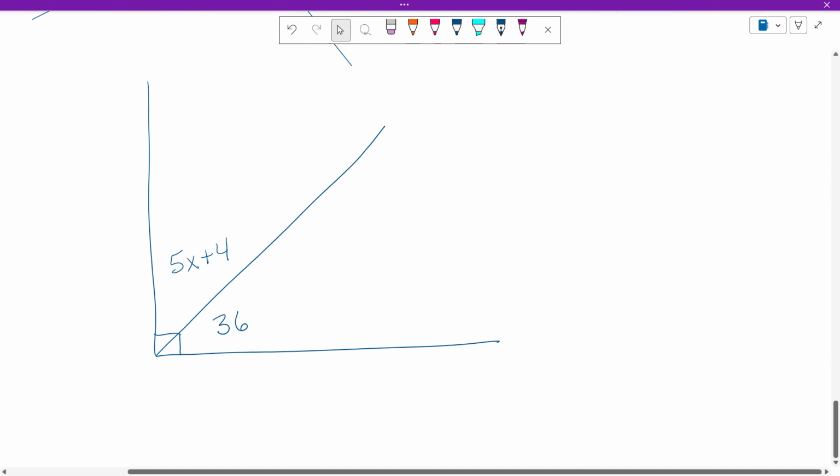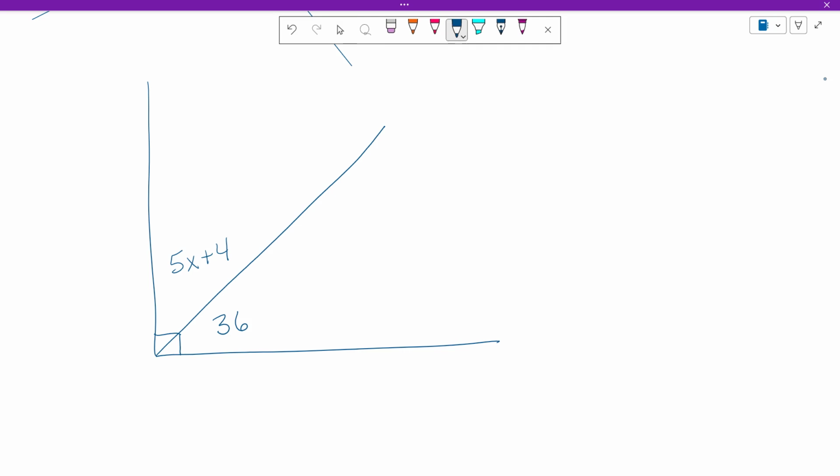Okay. These two angles are what? Complementary, because they add up to 90. So if these two add up to 90, to figure out what x is, we take 5x plus 4 plus 36 and set it equal to 90. Now, I've got to combine like terms on this side.